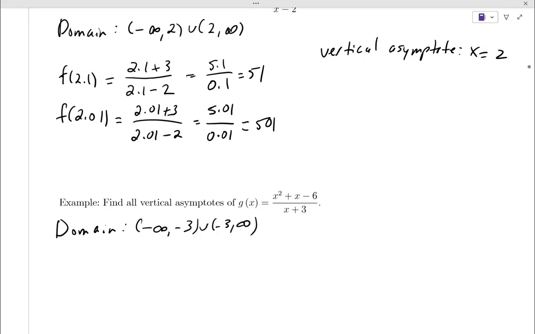That's what's happened in the previous two examples, isn't it? We put in x equal to 0. We had a problem in the 1 over x, and we noticed that we had a vertical asymptote. Notice we also had a vertical asymptote here when we put in x equal to 2. However, let's look at this particular function.